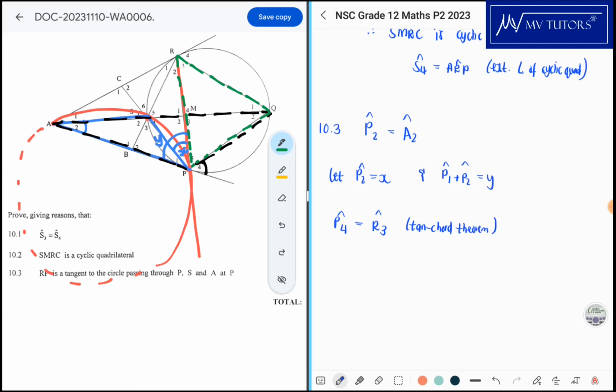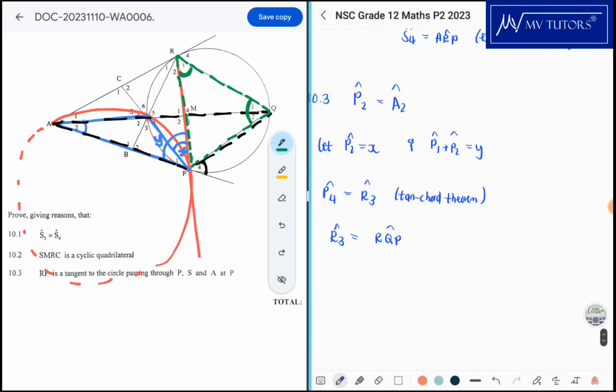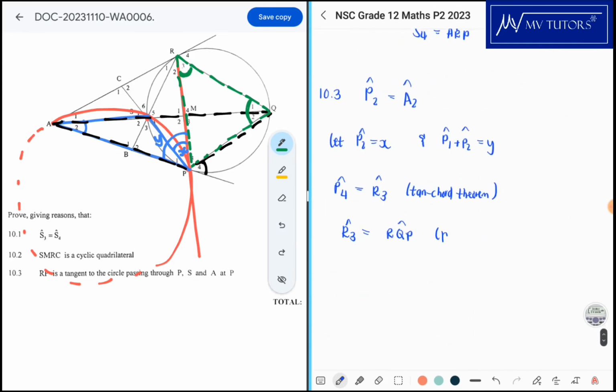So with the tan chord theorem, P4 is equal to R3, and we know that R3 is actually equal to RQP. Remember they told us that PR is equal to PQ. So R3 is equal to RQP. Yes, equal sides, equal angles. So that was already proved.